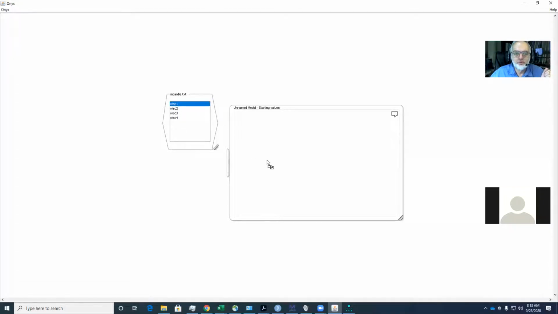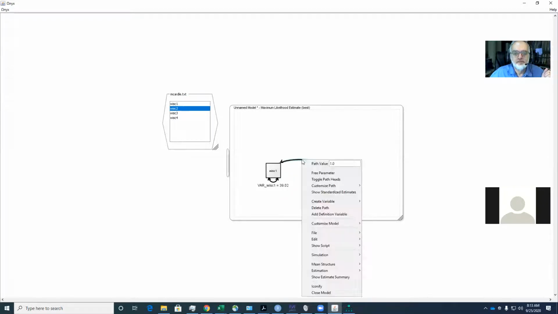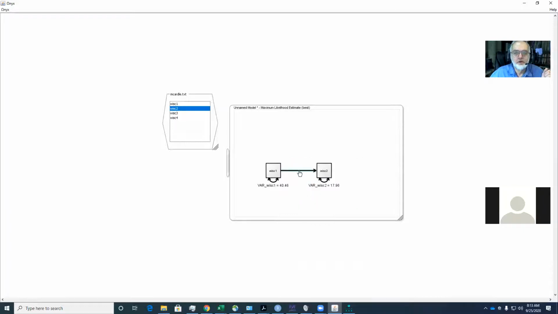So in our previous work, for example, we talked about predicting wave 2 based on wave 1, and we drew a line and we freed that parameter.